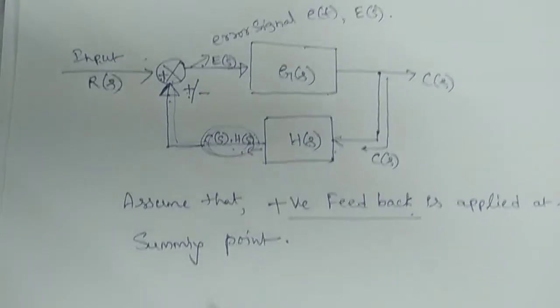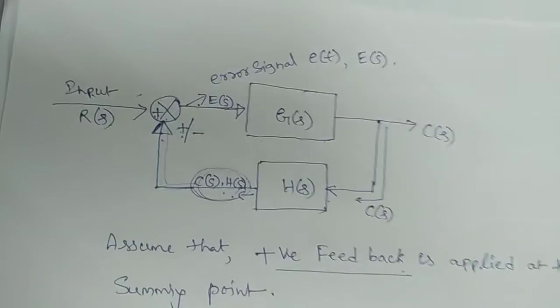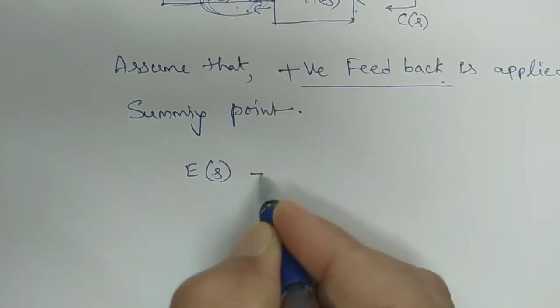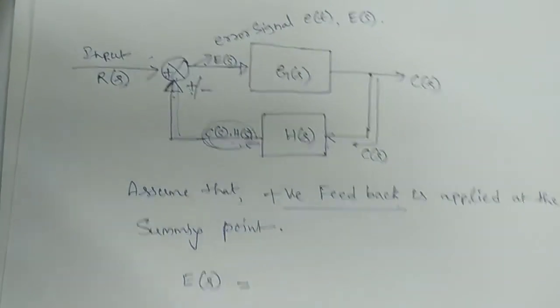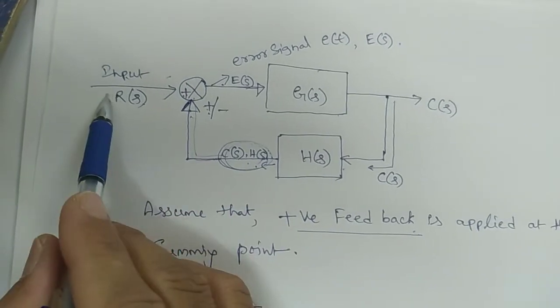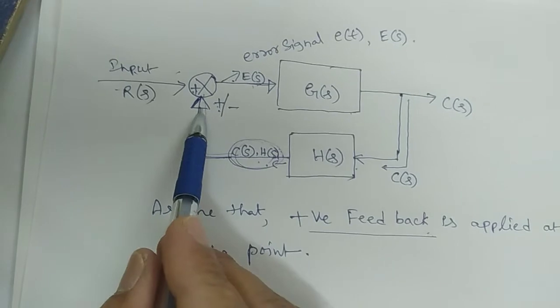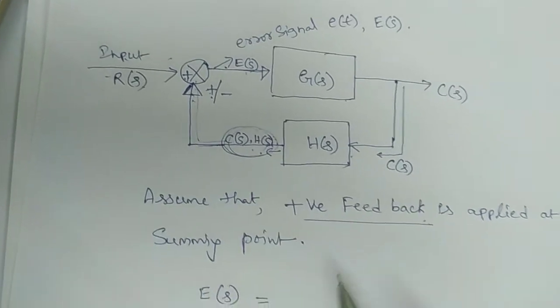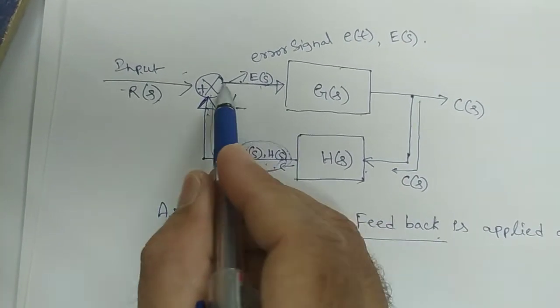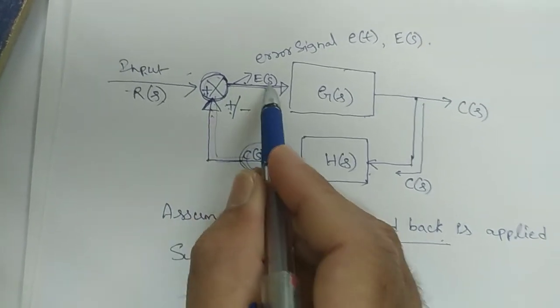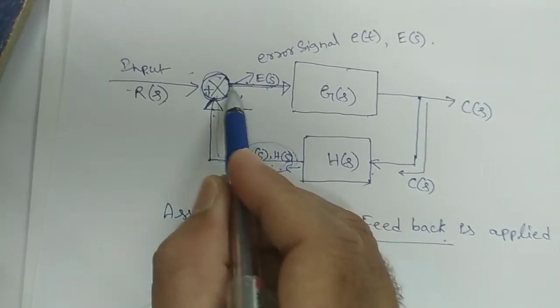So what is E of S actually? If you see the diagram, this is positive, this is also positive. E of S is the output of the summing point.